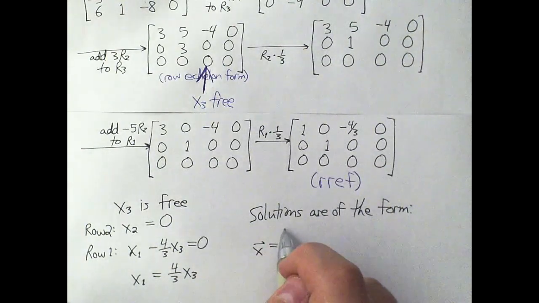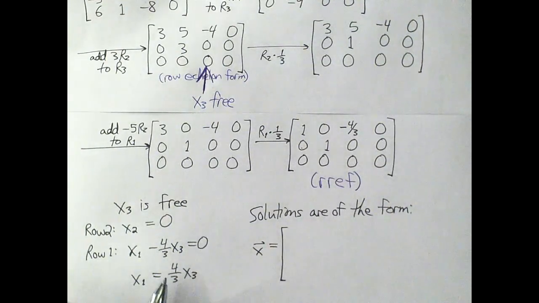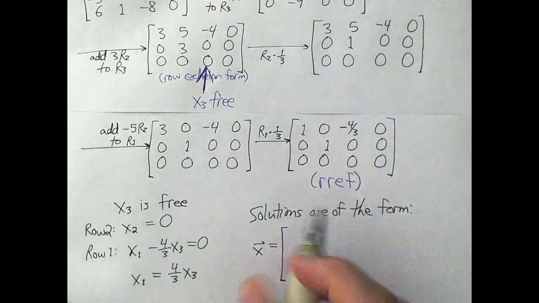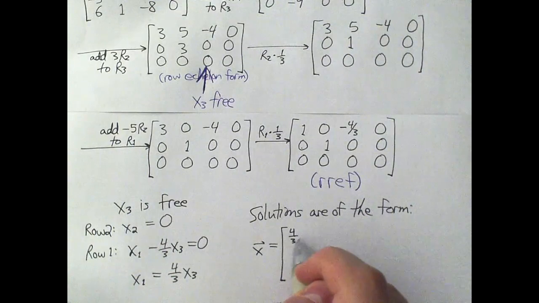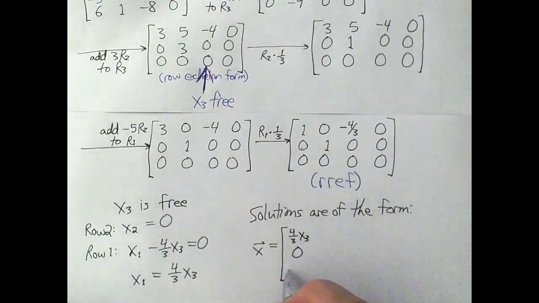X is equal to, and I'm going to put in what we found for x1, x2, and x3. 4/3 x3, 0, x3. I'm going to do one more thing with it, though. But just before I do one more thing and put a box around it, just take a look at that and make sure that makes sense to you.